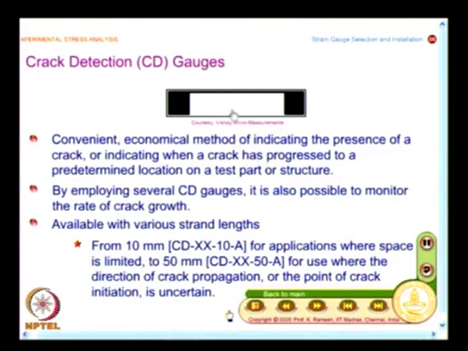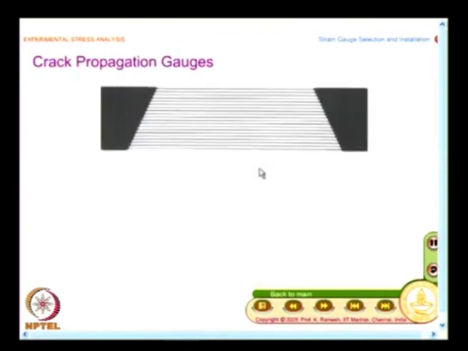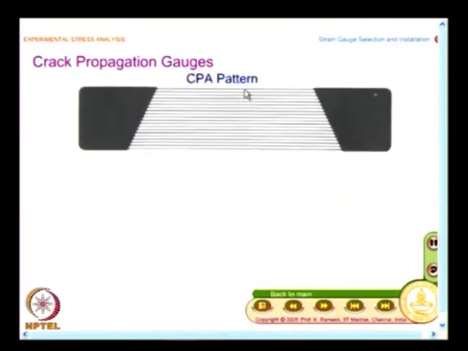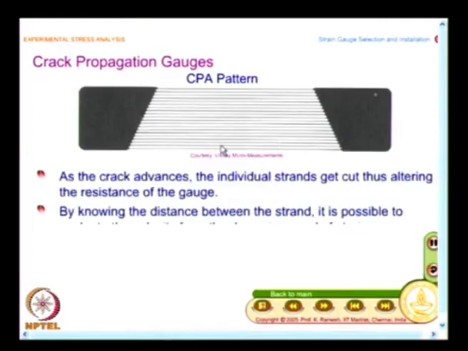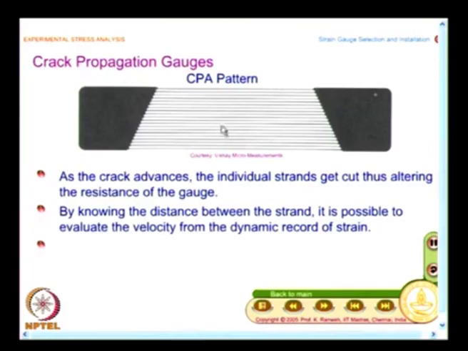And we also have another variation of this, which is meant for measuring the velocity of crack propagation. So, what you have here, in one foil I have several strands shown here. What will happen as the crack advances, the individual strands get cut, thus altering the resistance of the gauge.